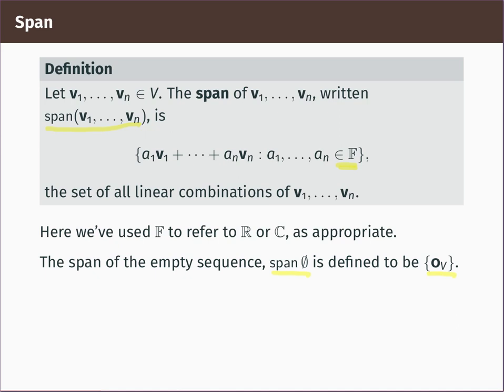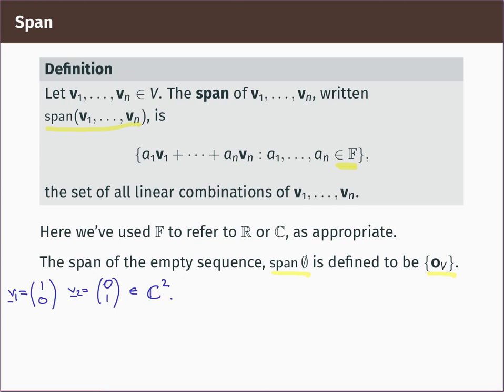Let's look at a couple of examples of spans. In fact, one example and one special case of the definition. First of all, we'll have the vectors v1 is 1, 0, and vector v2 is 0, 1, which, for now, we're thinking of as elements of C squared.